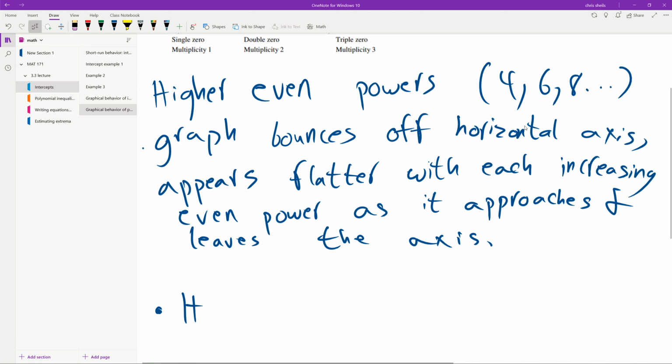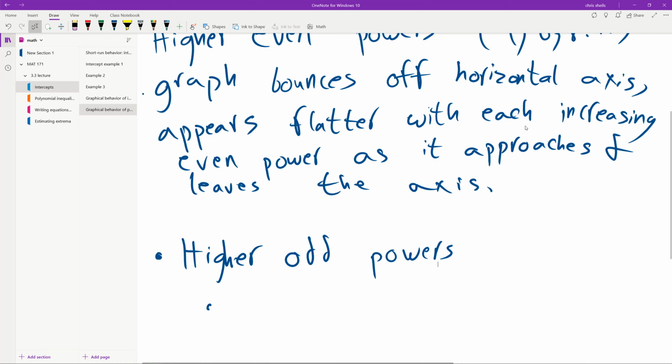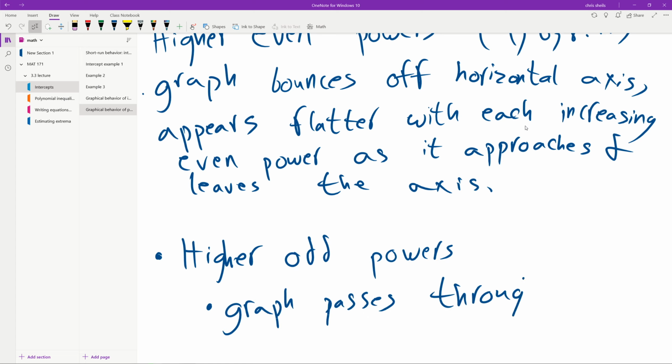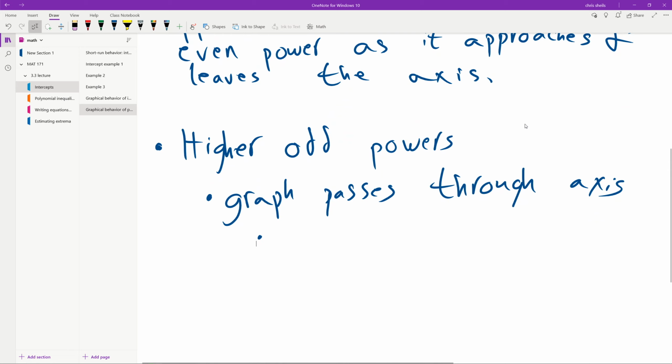Same deal with higher odd powers, except they behave like the cubic, right? For higher odd powers, the graph passes through the axis, but it will appear flatter with each increasing odd power as it approaches and leaves the axis.